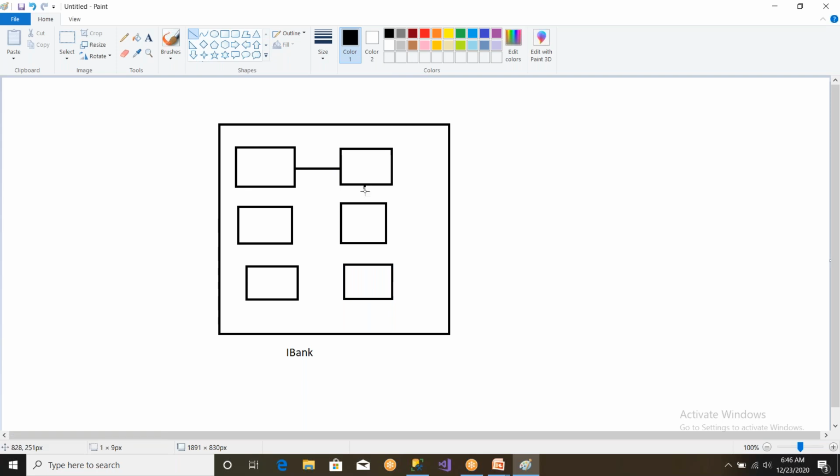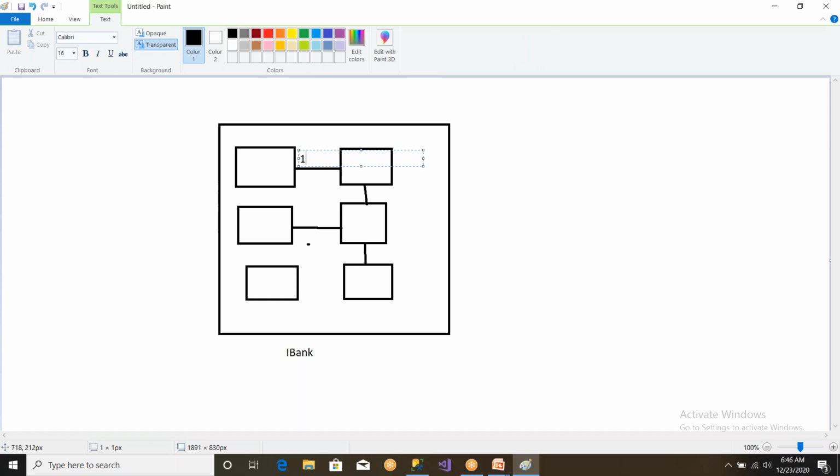Or it may be having one to many, or this table may be linking to this. So this is an independent table. Clear? These two tables may have one to one relationship. These tables may have one to one relationship. This table and this table may have one to many relationship.